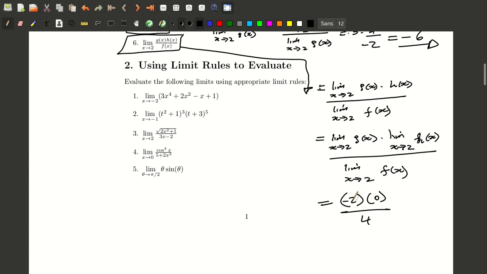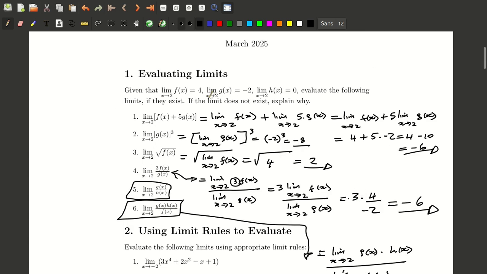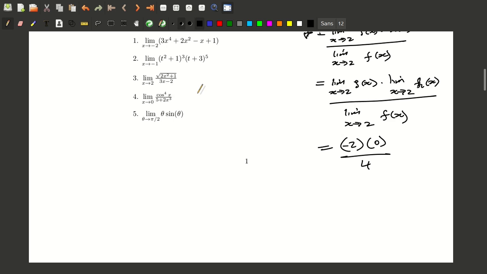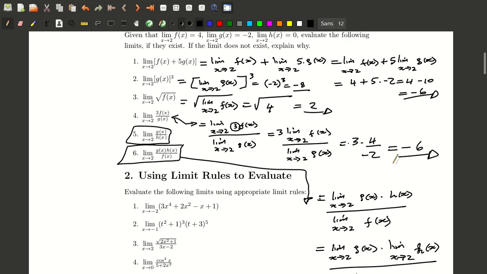I gave you a minus 2. And then the limit as x approaches 2 of f of x, we have a 4. And then minus 2 times 0 is going to be 0 over a 4, which is just 0. So the answer that is actually expected in number 6 is a limit as x approaches 2 of 0. Right.